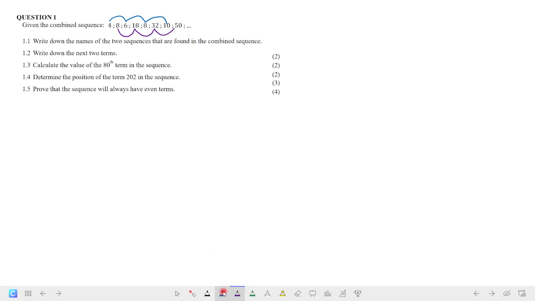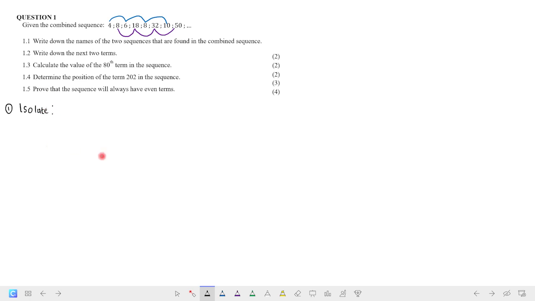So whenever you're encountering a combined sequence, the first thing you should do before you even go to the question is isolate the sequences, right?